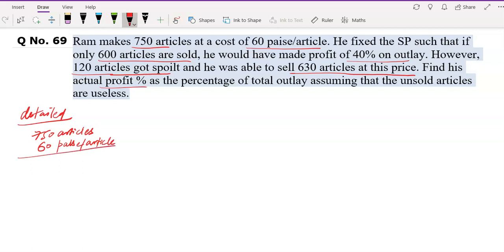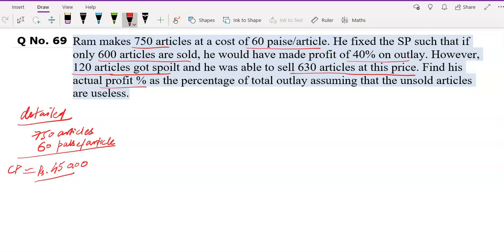So total cost will be how much? Total CP will be 45,000 paise. Now if we convert it into rupees, this will be rupees 450. So CP is rupees 450.